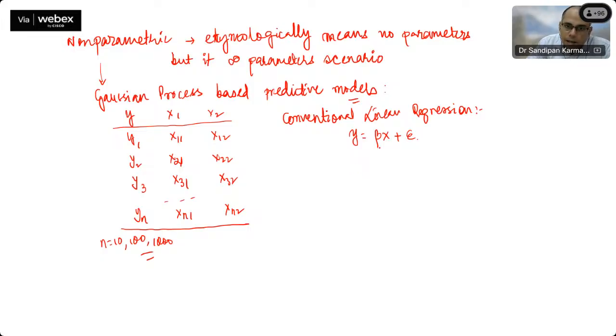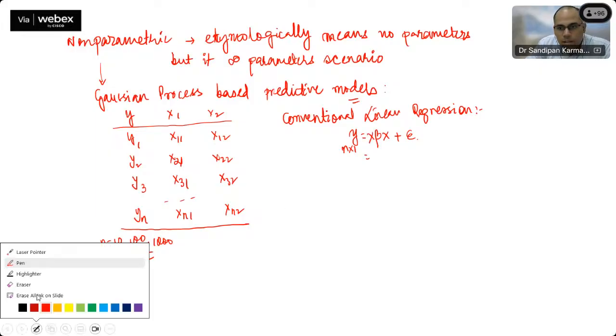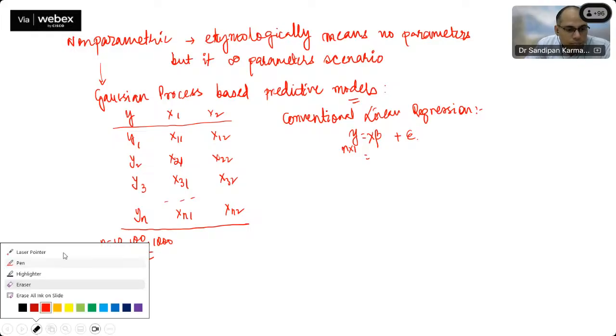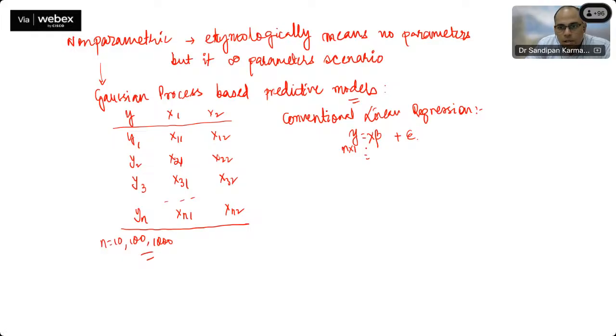And here, what is the beta vector and what is the X vector? So y is n cross 1. So let me write X beta, that would be better. So this will be n cross p, then p cross 1, and then n cross 1.